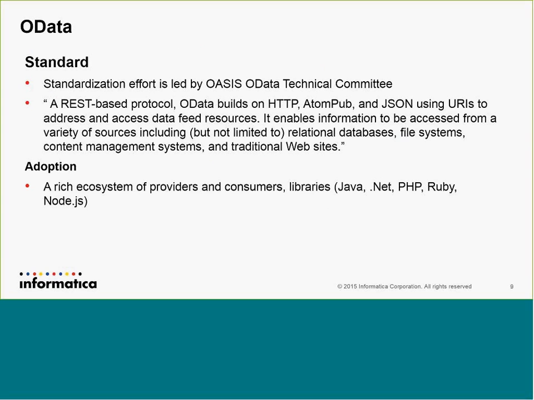And since the start of the work, which essentially bore fruit with version 2 of the OData specification, OData version 4 has been standardized at OASIS. So OASIS describes it as a REST-based protocol.